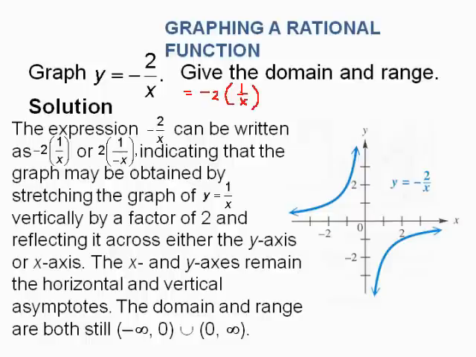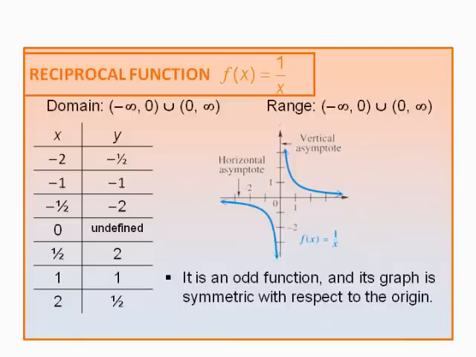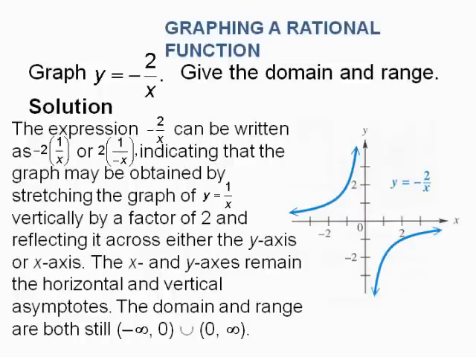Remember, the negative 2 either makes it fatter or skinnier. In this case, it's going to make it skinnier, and the negative is going to flip it about the x-axis. So let's go back and look at the previous one. There it is. Look at how it's behaving there. Look at this one. It flipped it about x, and it made it skinnier.